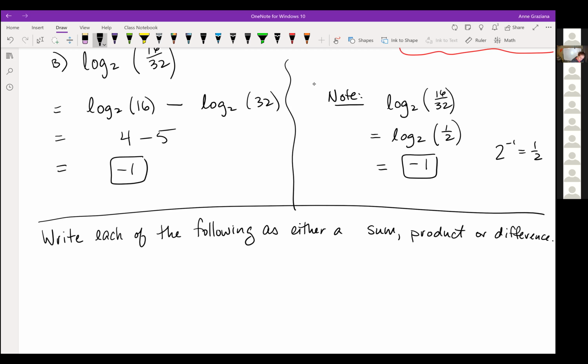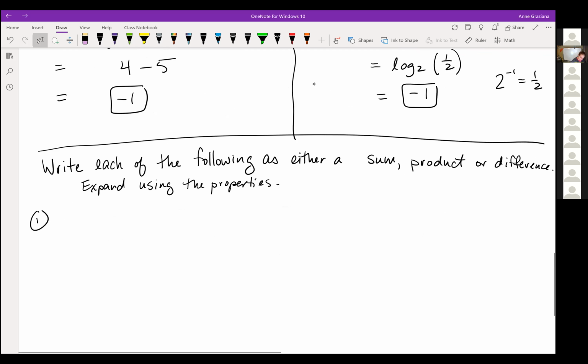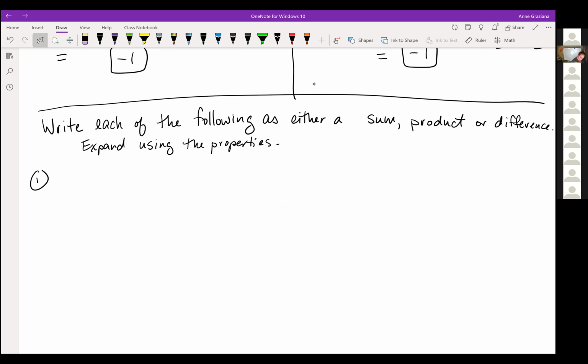Basically, I'm going to expand using the properties as much as I can. Let's just start off with something really basic: log base A of q to the 7th power.